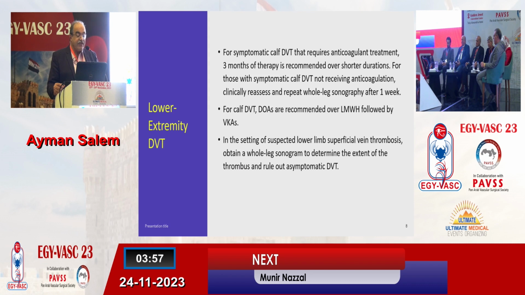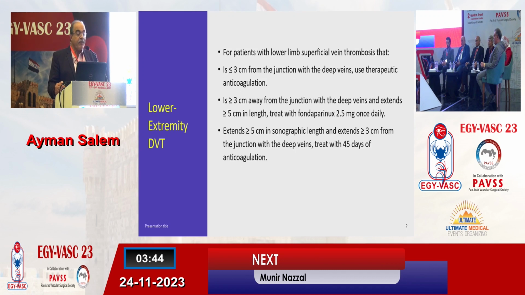In the setting of suspected lower limb superficial vein thrombosis, obtain a whole limb sonogram to determine the extent of thrombus and rule out asymptomatic DVT. For patients with lower limb superficial vein thrombosis less than 3 centimeters from the junction with the deep veins, use therapeutic anticoagulation.